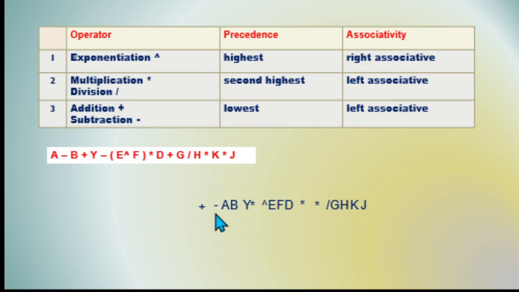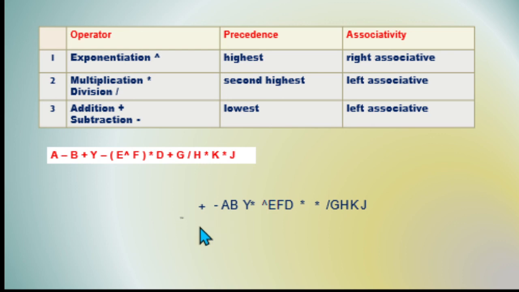Okay, this is an operand. And then we subtract this from this. So this is now converted into + - A B Y, and this is now converted into * ^ E F D. So we subtract this from here and convert it into prefix.